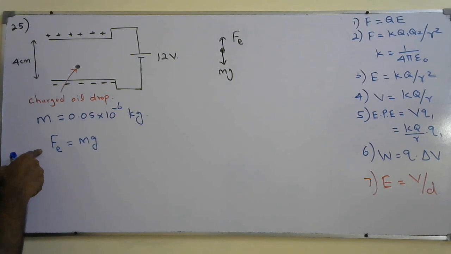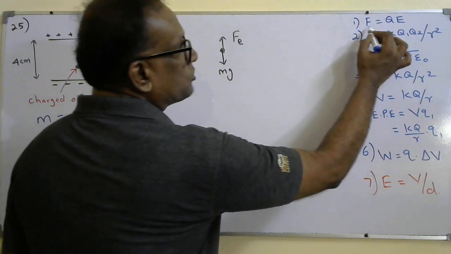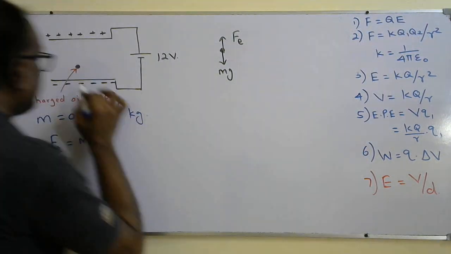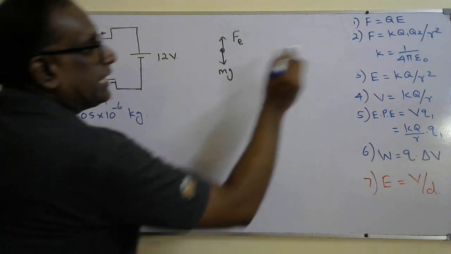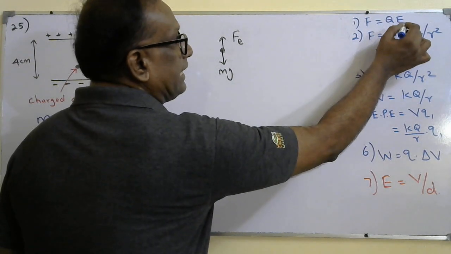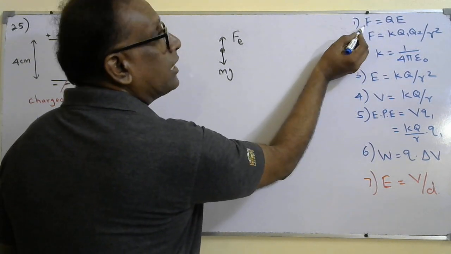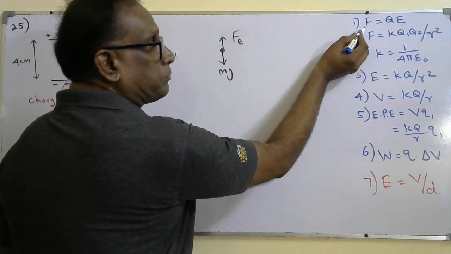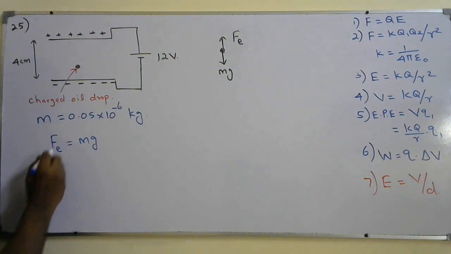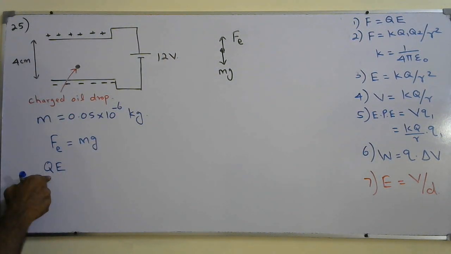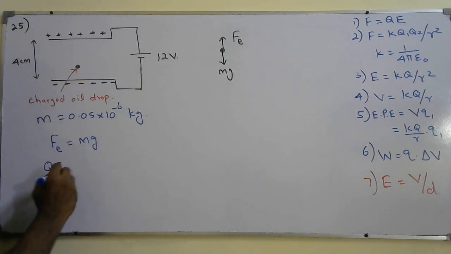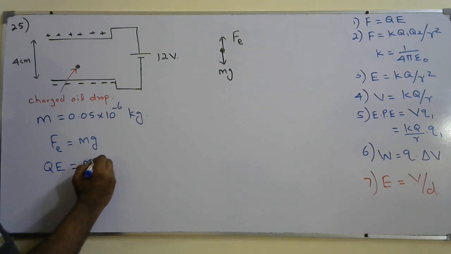Electrostatic force Fe is equal to QE. I told you can use this equation anywhere. Here we take the oil drop as a point charge in an electric field E in the region between the parallel plates. So Fe is equal to QE, where Q is the charge of the oil drop and E is the electric field strength between the parallel plates, equal to mg.